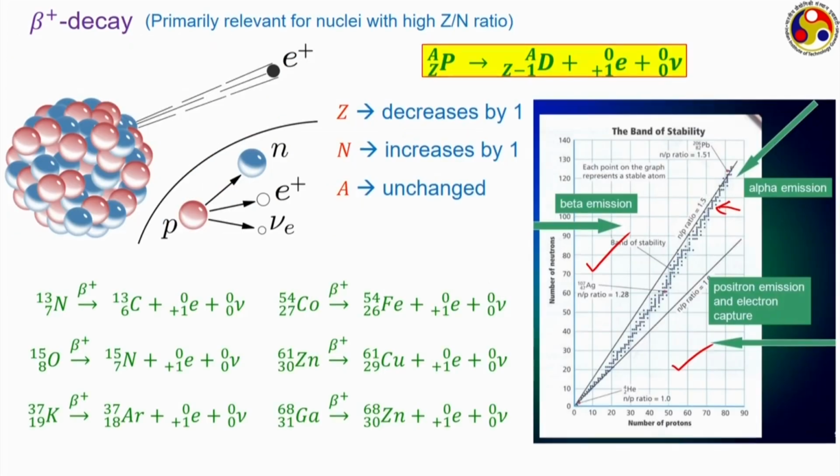Let me go back once more and talk about this particular situation. Here initially we have a nitrogen 13 isotope, which has 7 protons and 6 neutrons in its nucleus, and to make it electrically neutral, of course, we also have 7 electrons in the outside orbits.